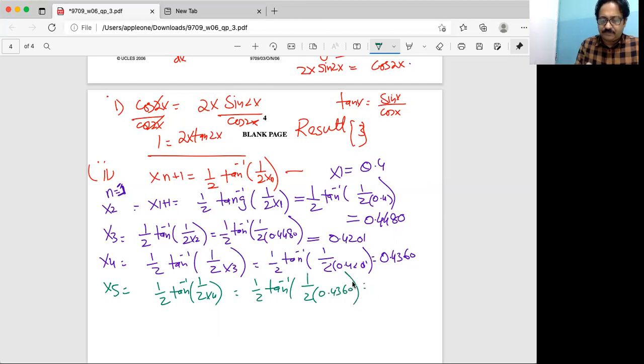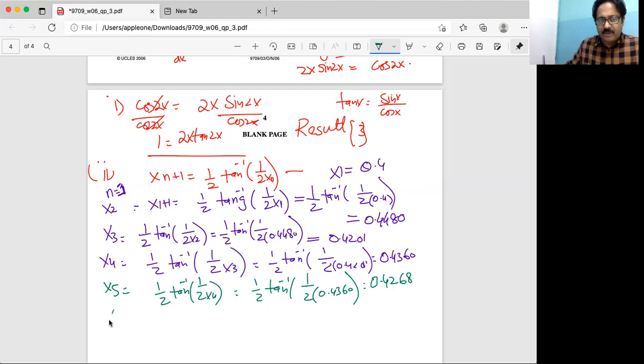And 0.5 tan inverse, fraction 1 divided by 2 times 0.4360, bracket closed, gives 0.4268. Yes, 0.4268.